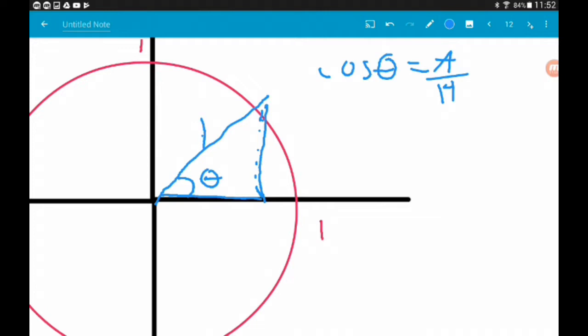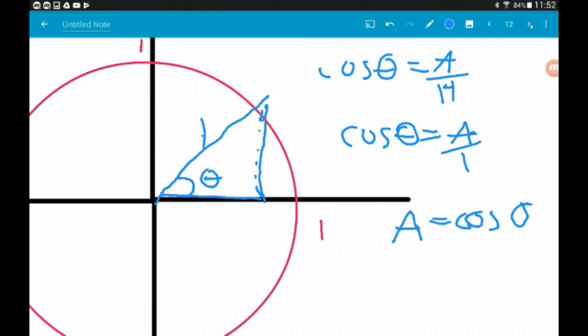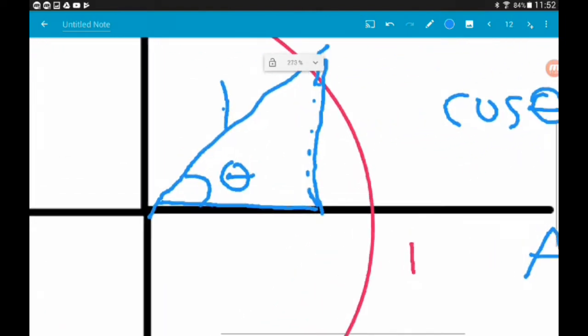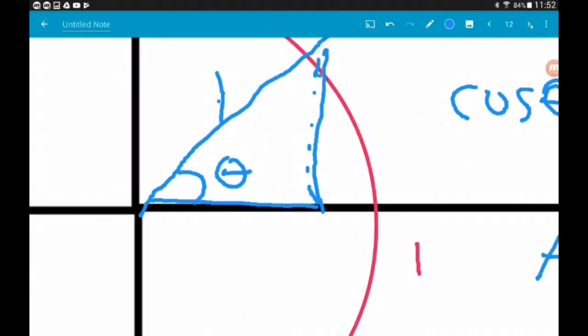Here the hypotenuse is 1, so cos theta equals the adjacent over 1, so the adjacent is equal to cos of theta. So this time, when we're looking at cos, we are looking at the horizontal location of the point on the circumference of the circle. So this distance is now cos of theta.